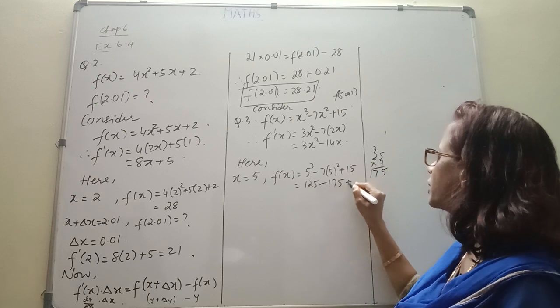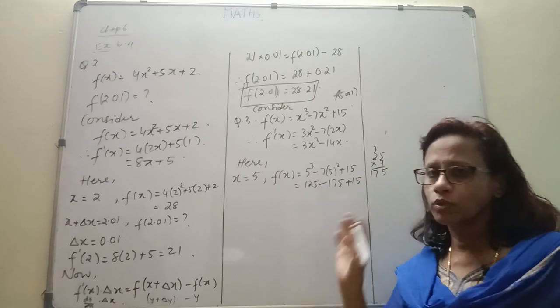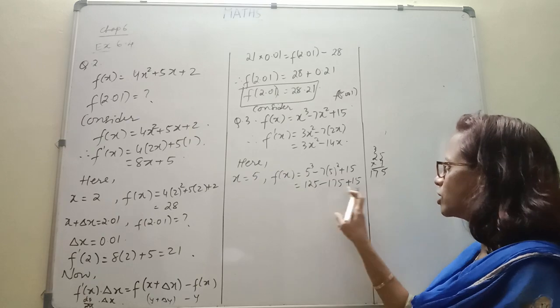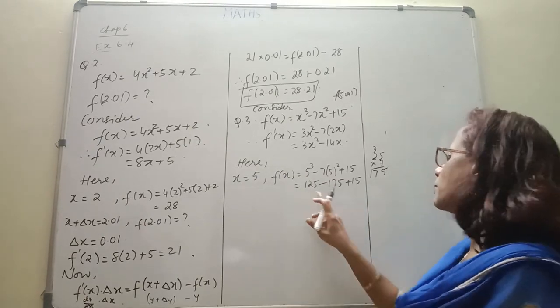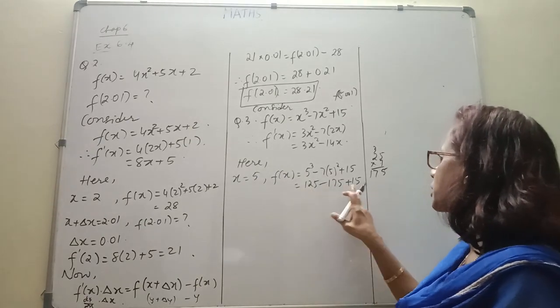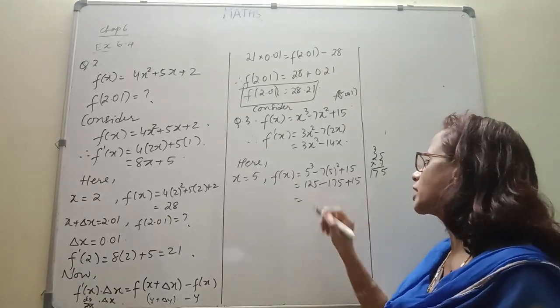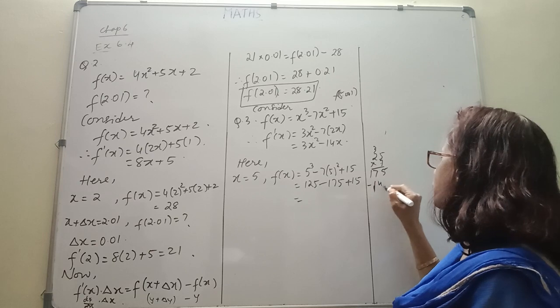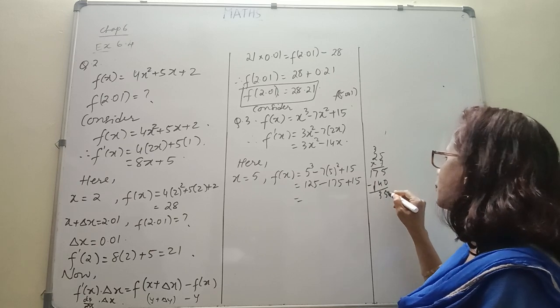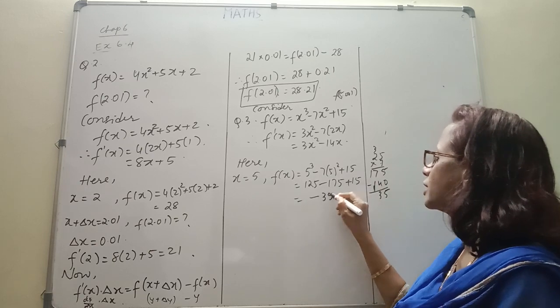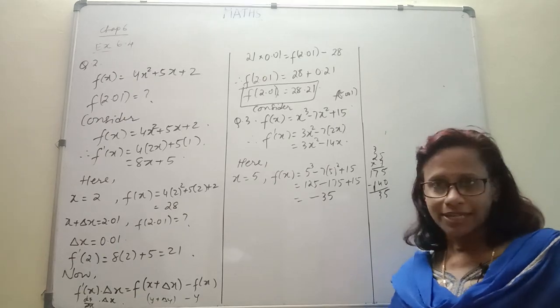So 125 minus 175 plus 15. We could do it whatever way you want. Either you add these two, then subtract. So probably I'll add 125 plus 15 is 140. 140 minus 175 is going to be minus 35. So f of x is minus 35.